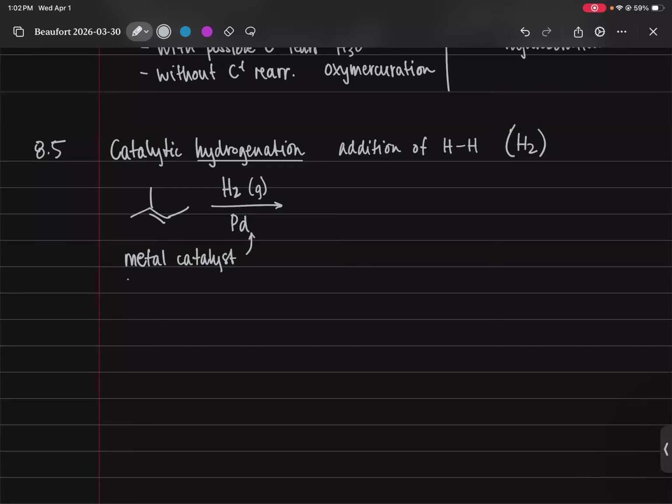So this can be palladium. Can also use platinum. Nickel in some cases, a special form of nickel.